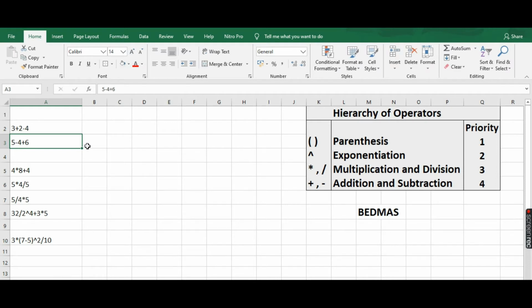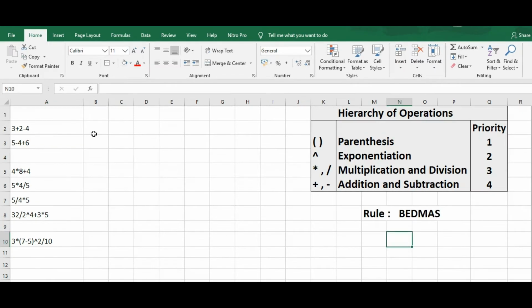So let's see how these operators actually work and how we can evaluate the result by using this hierarchy of operators in an expression. 3 plus 2 minus 4. Let's see how Excel evaluates this one. Equals, as we know that each and every formula must begin with an equals sign, 3 plus 2 minus 4.